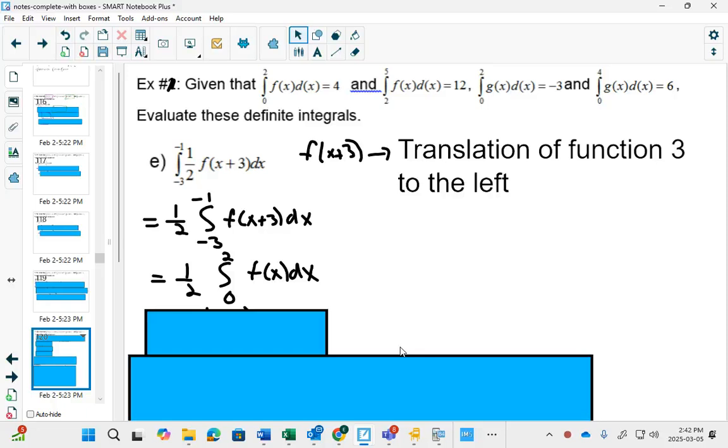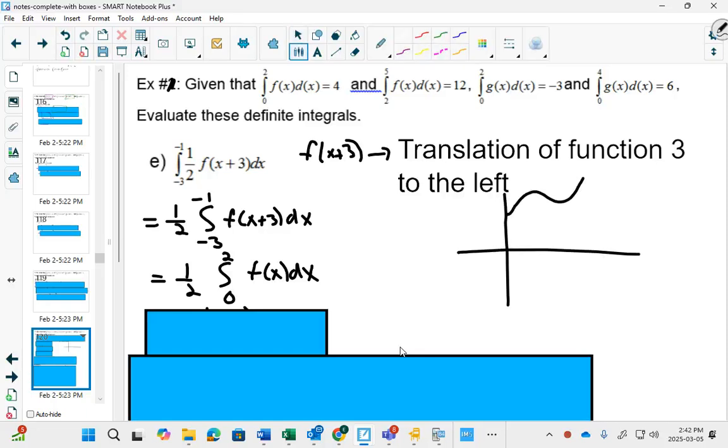Visualize this. You know your original function. Let's say it's this, from 0 to 2. This area was given to us to be 4. We were told that that was 4.